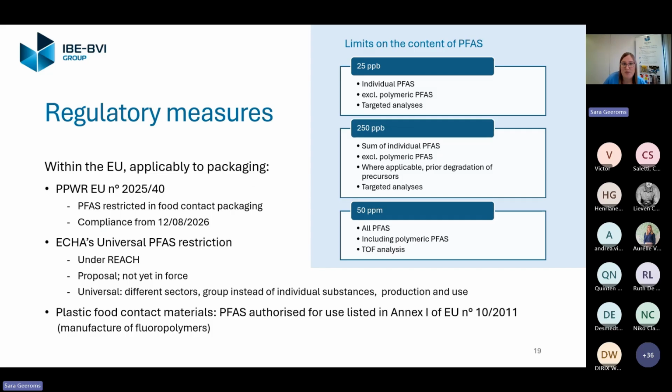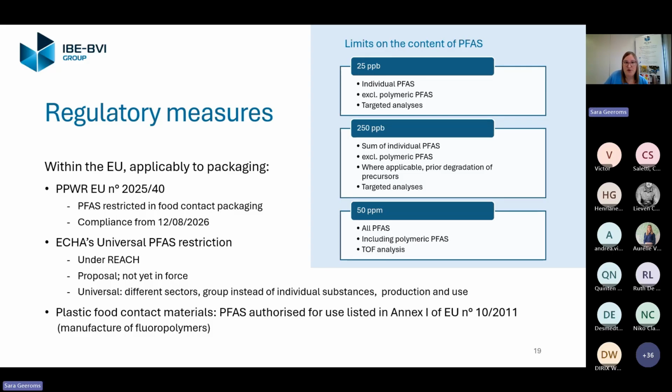In the EU and applicable to packaging, the main regulatory measures are the PPWR, the restriction proposal by ECHA, and of course we also find some of the PFAS molecules listed in Annex 1 of Regulation 10/2011, which concerns the substances that may be used to produce plastic materials for food contact.